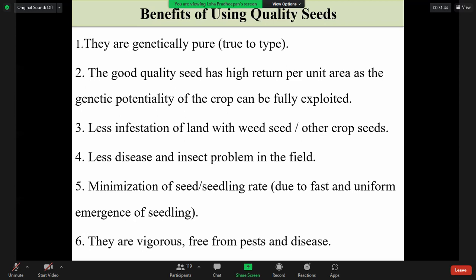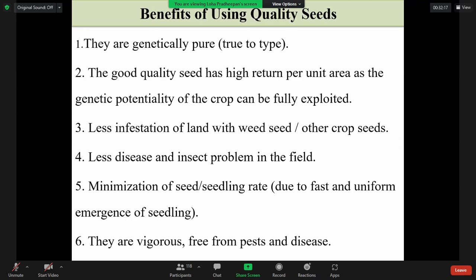So that should be maintained by the plant breeder. They have to maintain the genetic purity, and they have to give the seeds with assurance that they are genetically pure. Very important thing we have to look into.